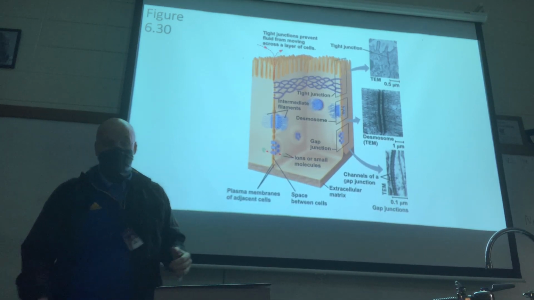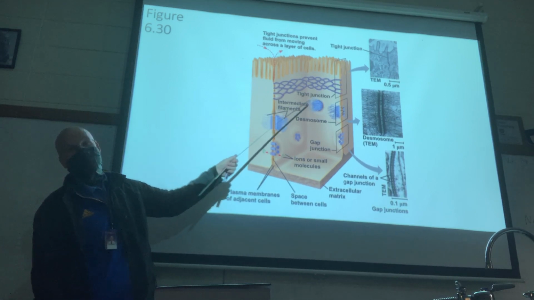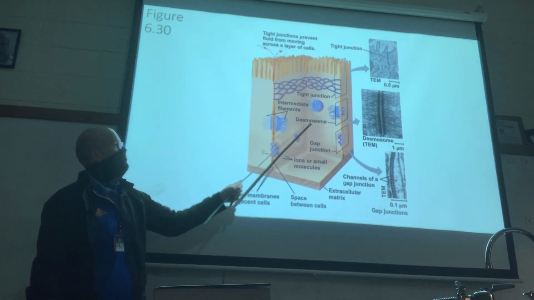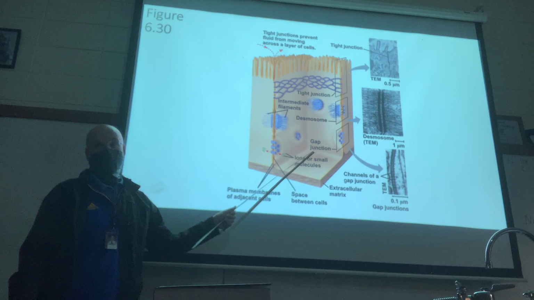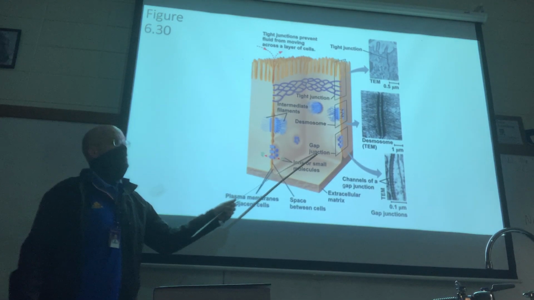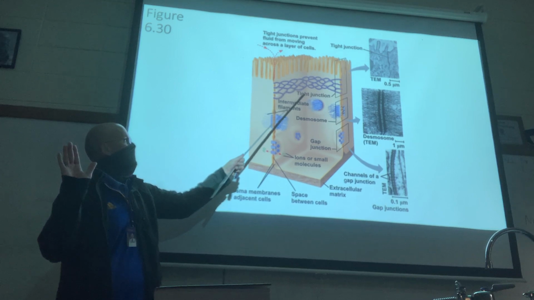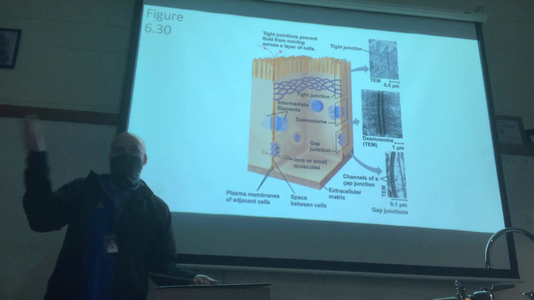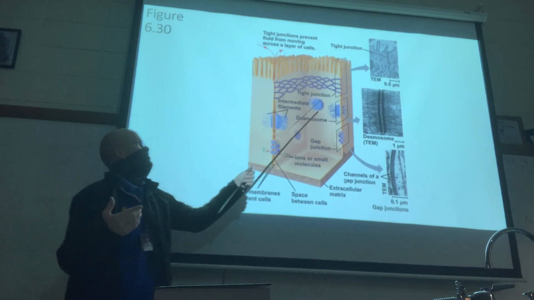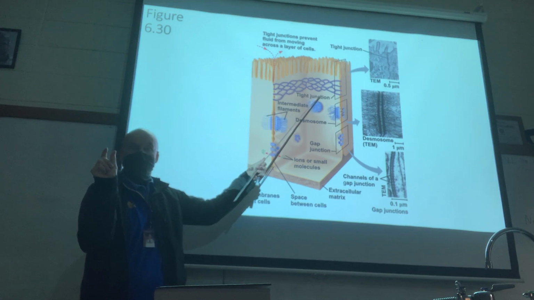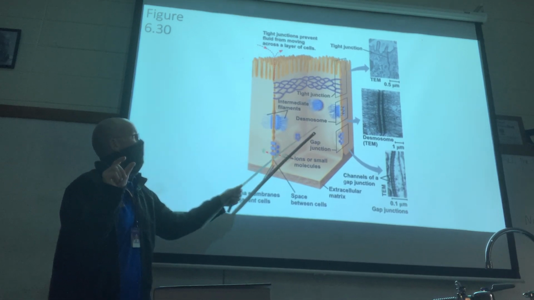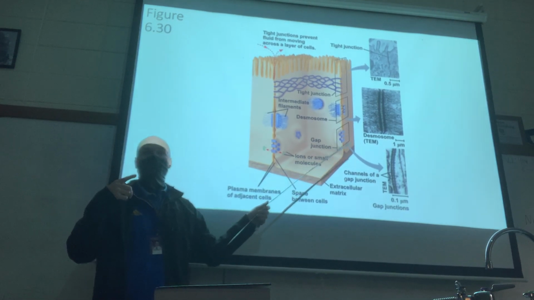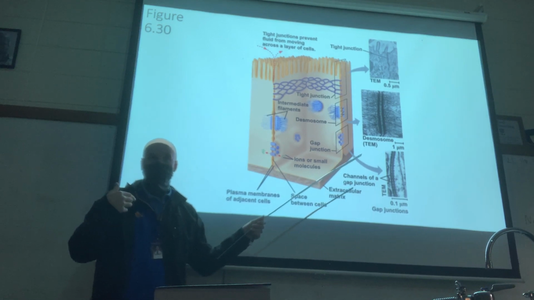Can you repeat the terms? Yes. On this slide, tight junction, desmosome, and the gap junction. And basically, with these tight junctions, desmosomes, and gap junctions, there's just one thing they can do. It's essentially like seal the gap between cells, or anchor 2 cells together, or move fluid between cells.